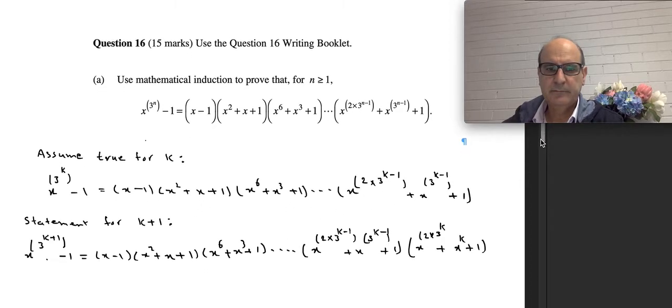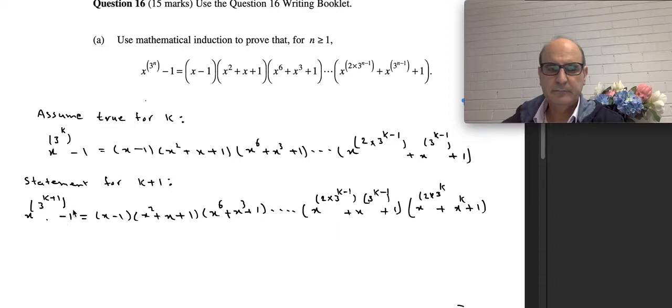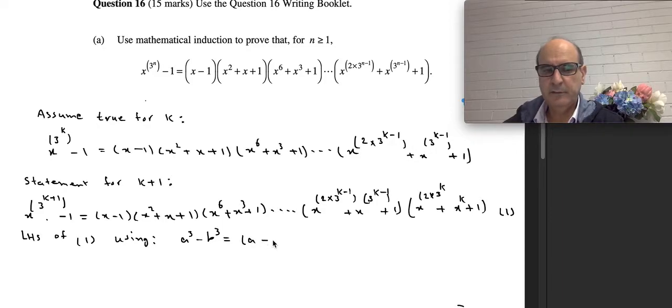All right, let's see how we can go about this. Let's call this 1. The left hand side of 1, using the difference of two cubes, a cubed minus b cubed is equal to a minus b times a squared plus ab plus b squared.